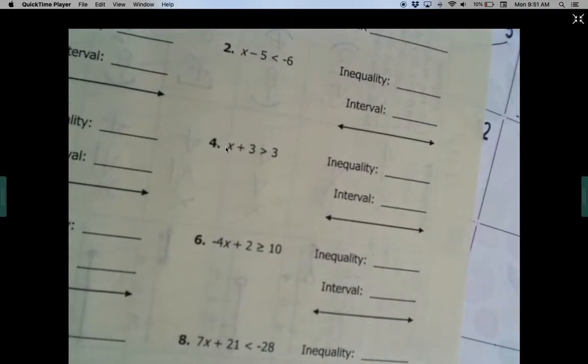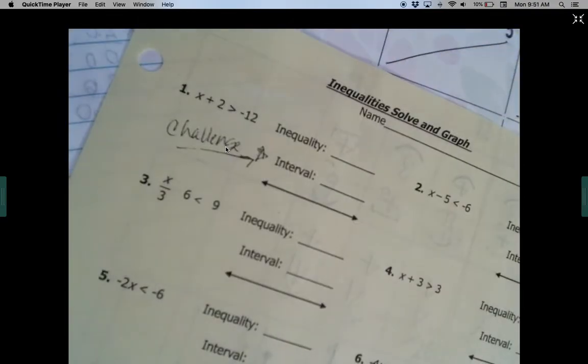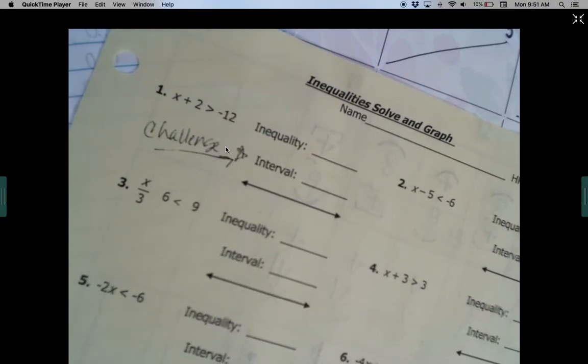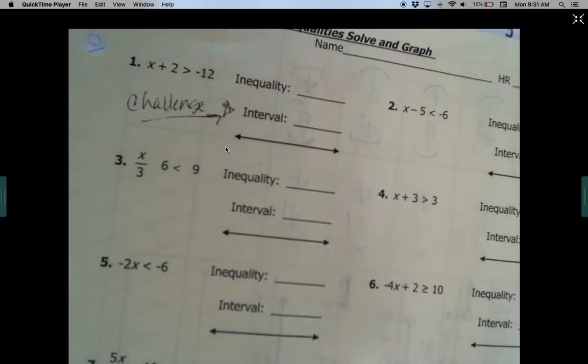On the back, there are some problems where all you're doing is writing interval notation, the inequality, and you are graphing it. Number 1 is a challenge problem, but I think you'll be able to do it. It's just we haven't taught you.